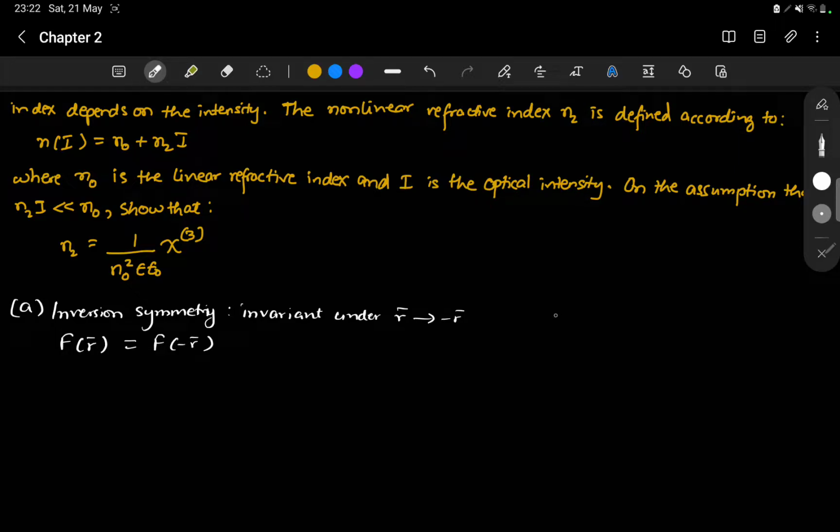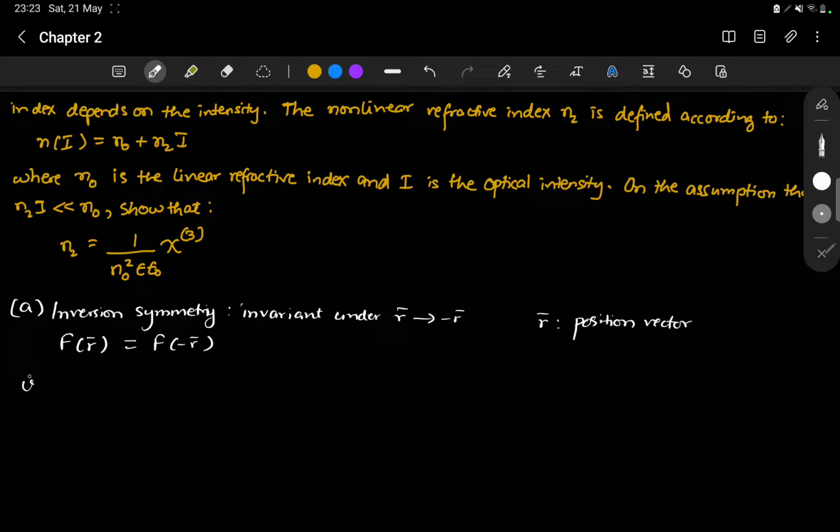R is the position vector from the origin to the point under consideration. Now let us see some examples of functions, and whether they are inversion symmetric or not. These examples would help us in solving this question.